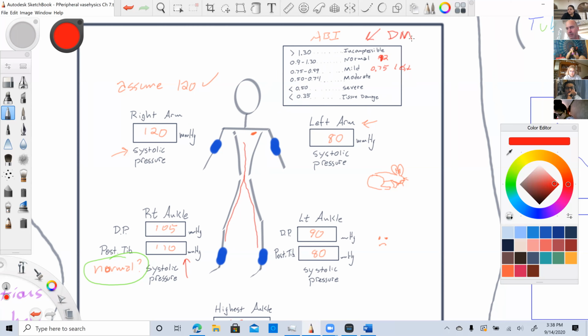Most likely diabetes mellitus. The people with diabetes get arteriosclerosis. In other words, they might not even have plaque, although they probably do. What they end up having is calcifications in the walls of the vessels. And so literally they're incompressible.